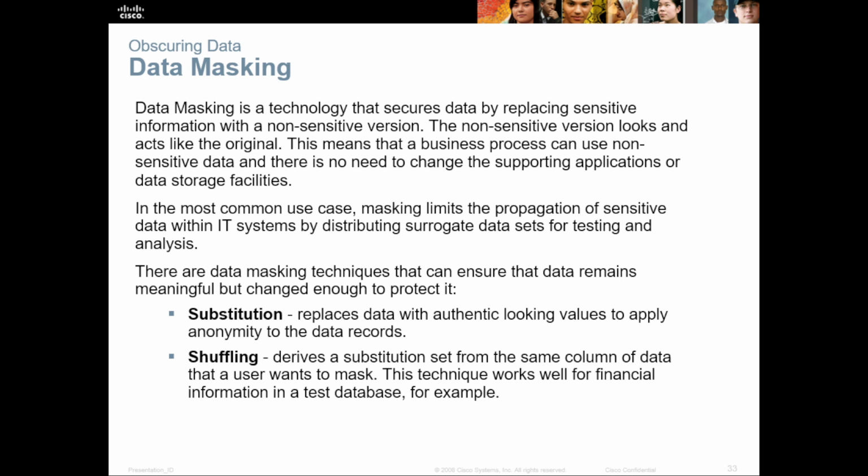Now, data masking techniques could be by substitution or by shuffling. Substitution has to do with replacing the data with authentic looking values to apply anonymity to the data records. So, there was a time in Nigeria when cryptocurrency transactions were banned, right?